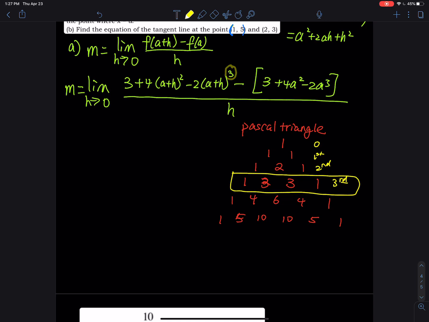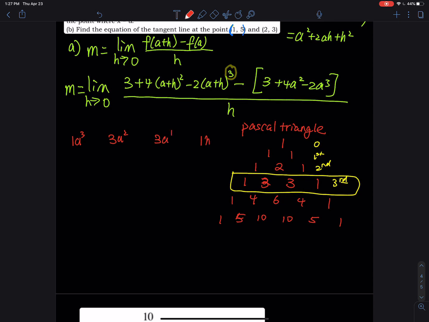So what are the numbers 1, 3, 3, 1? They are coefficients. Here is how we use it. I'm going to stick with red. We start with 1, 3, 3, 1. All right, you have a and h, right? So here is how we do it: a to the 3rd, a squared, a to the 1st, a to the 0, which is 1.